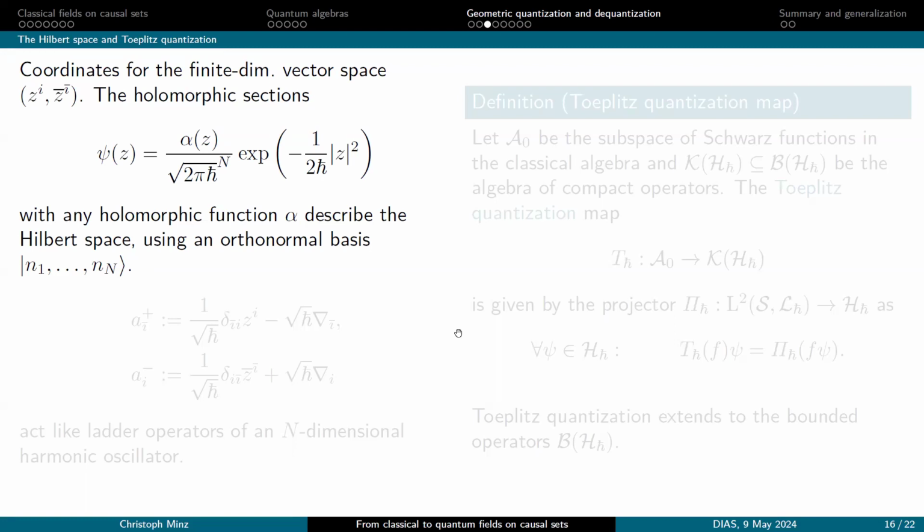These are sections that have this Gaussian part there, and just some holomorphic function as an amplitude. And we can write a basis for this vector space, for this Hilbert space.